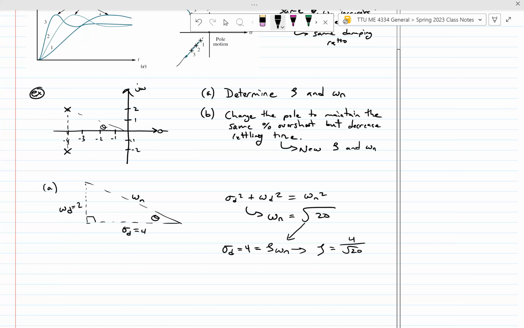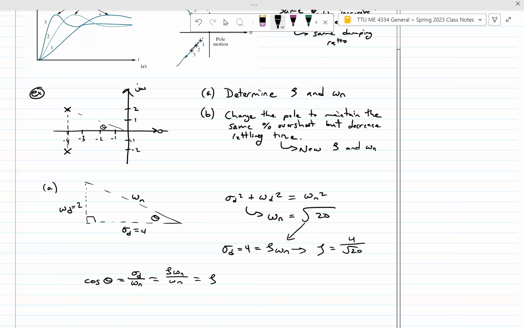Another way that we could do it is, I think somebody suggested solving for the angle earlier, right? That's another option. Cosine of theta would have been sigma d over omega n, or zeta omega n over omega n, right? Or cosine of theta is just zeta there.